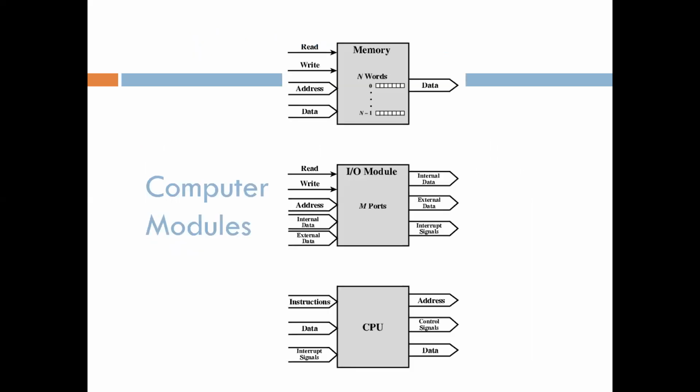So, for instance, with the memory, what we saw from the last example is that associated with memory would be an address and also data. So there are 2 separate lines, one for address and one for data. And what's coming out of memory would be actual data. Then there's probably some sort of sequencing or control going on that would allow us to know if it's in a reading mode or if it's in a writing mode.